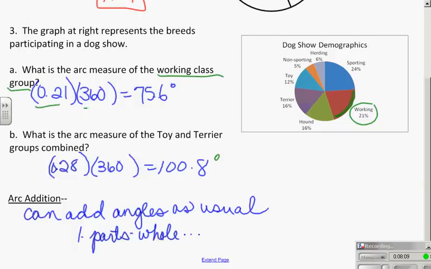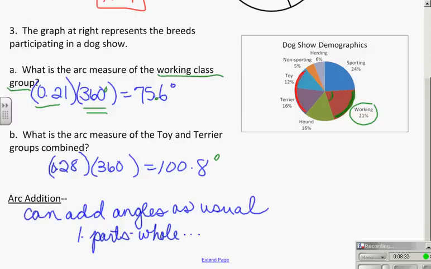Well, 21% of our whole circle, which is 360 degrees, tells us that the angle measure and the arc measure of this section right here is 75.6 degrees.